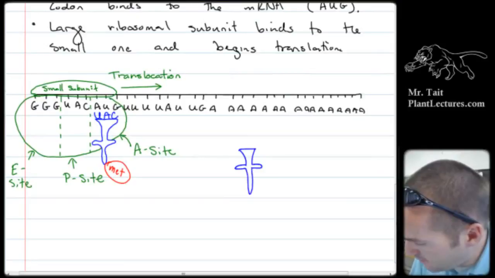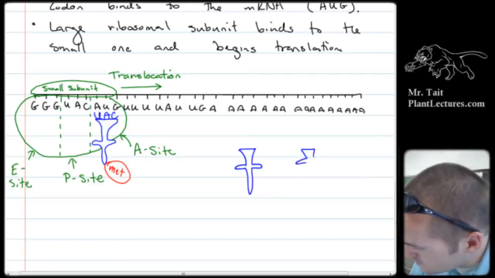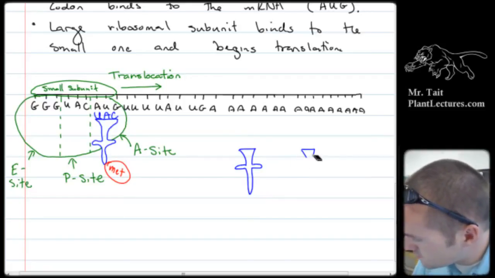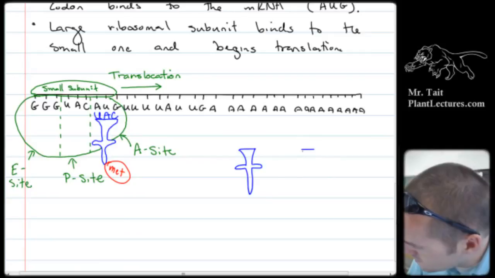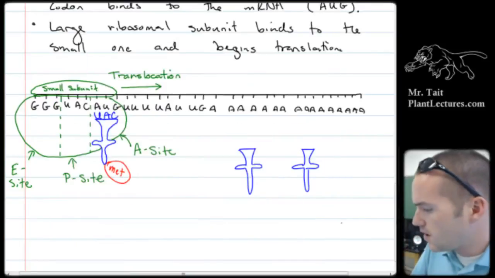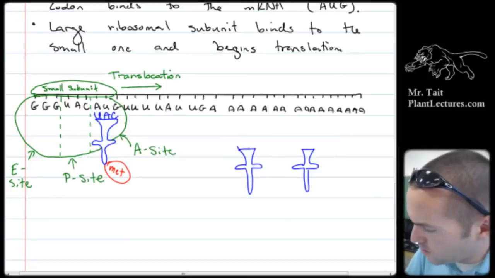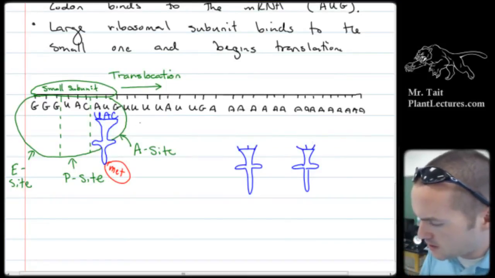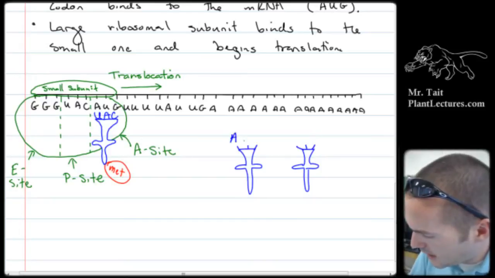So if I have this tRNA and this tRNA, here's two tRNAs. Let's say they both code for the same thing. This one's going to be UUU, so AAA.